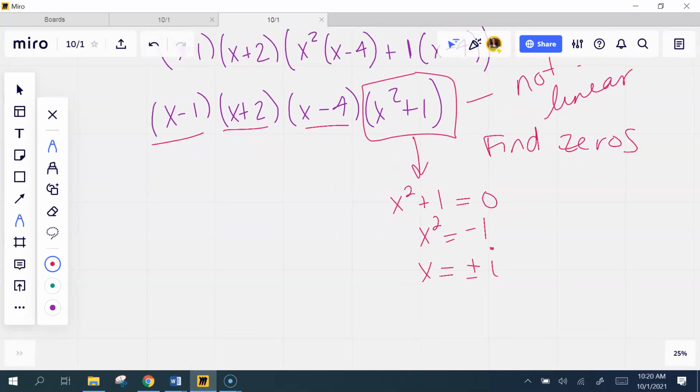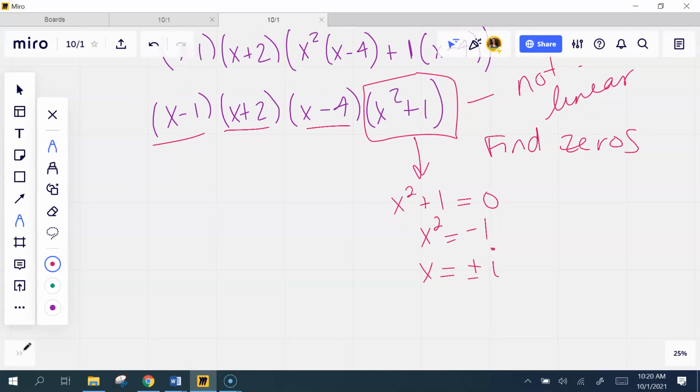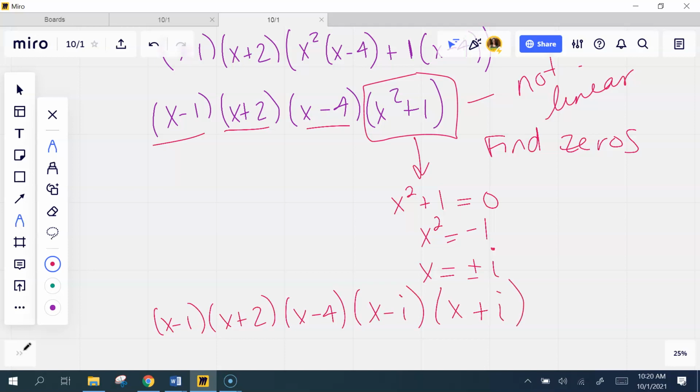So now, after I find the zeros, I'm going to split this factor using those 2 zeros. I've still got these real ones, but this is going to be exactly x minus i, and this is x plus i. So these are 2 different factors here.